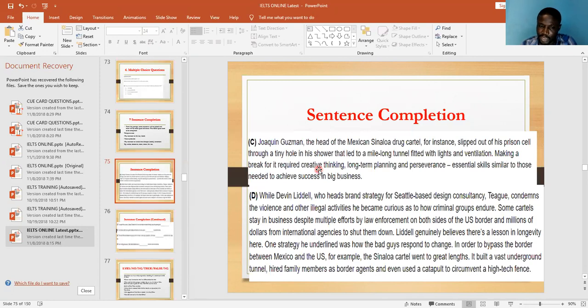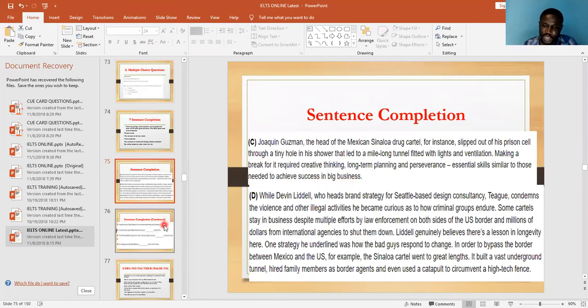Making a break for it required creative thinking, long-term planning, and perseverance, essential skills similar to those needed to achieve big success in big business.